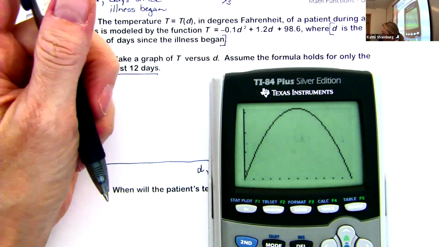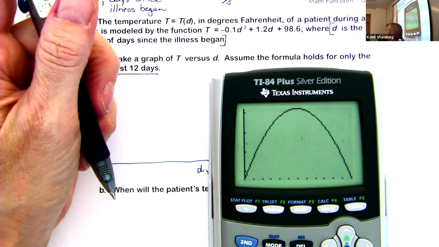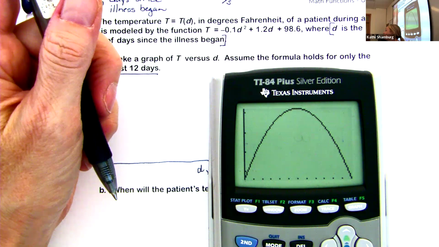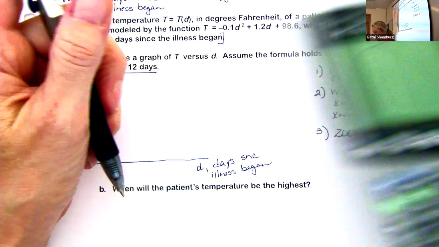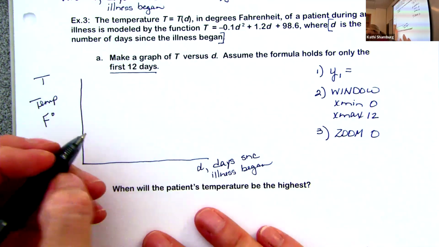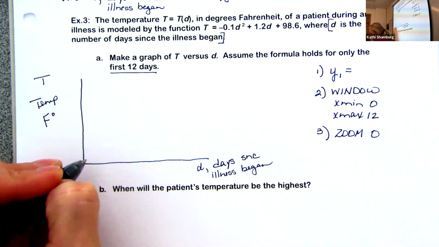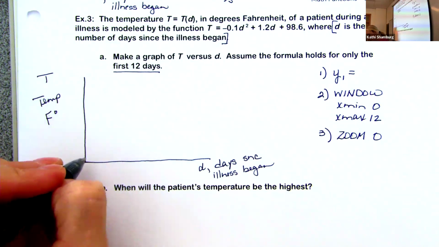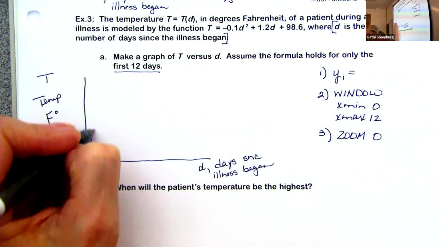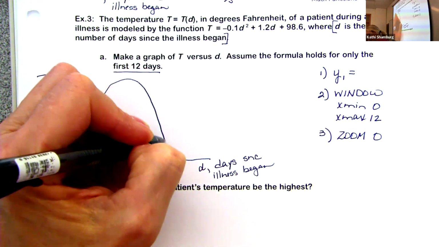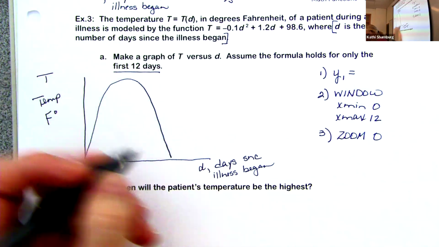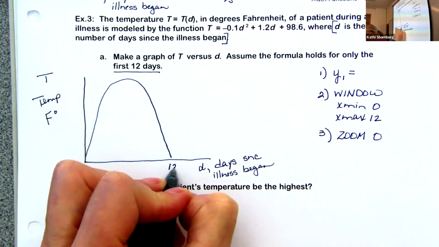It's called a parabola. Its concavity goes down. Perfect. All right, so it looks kind of like this, 0 to 12.